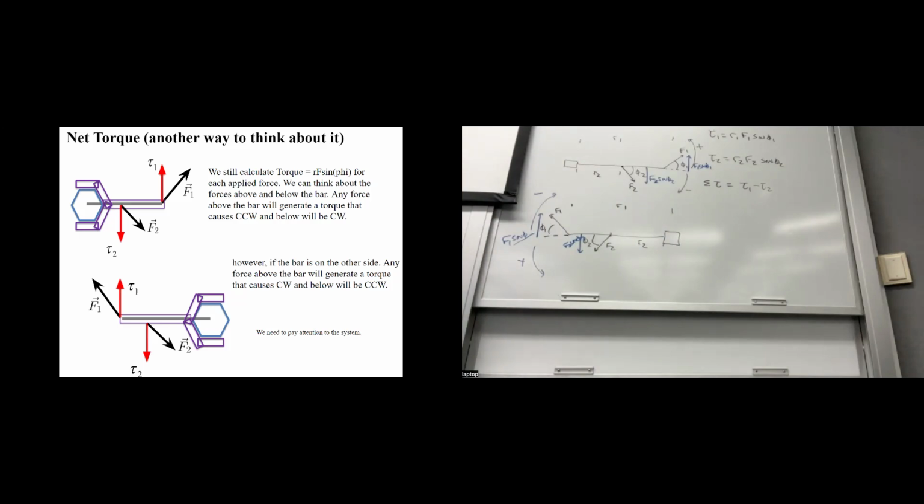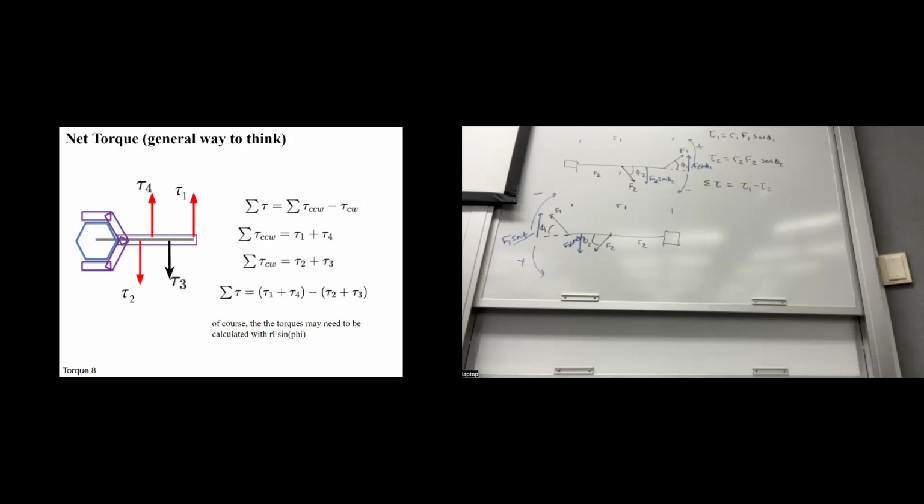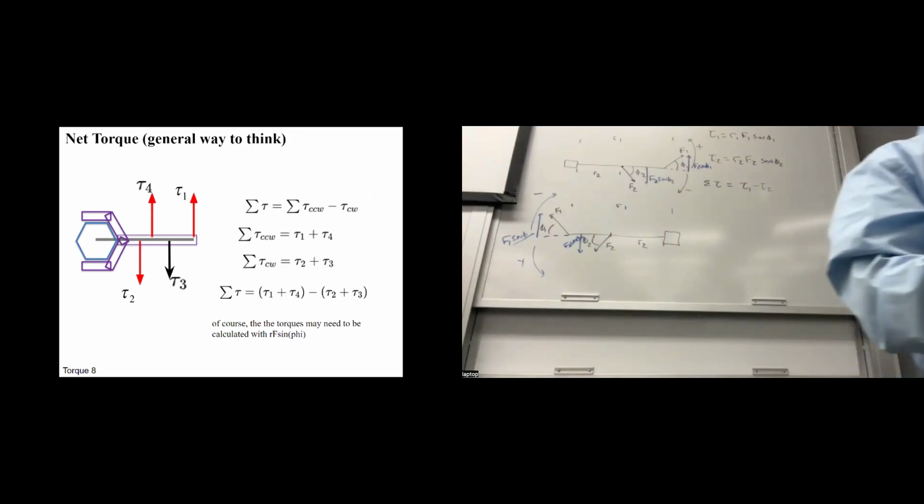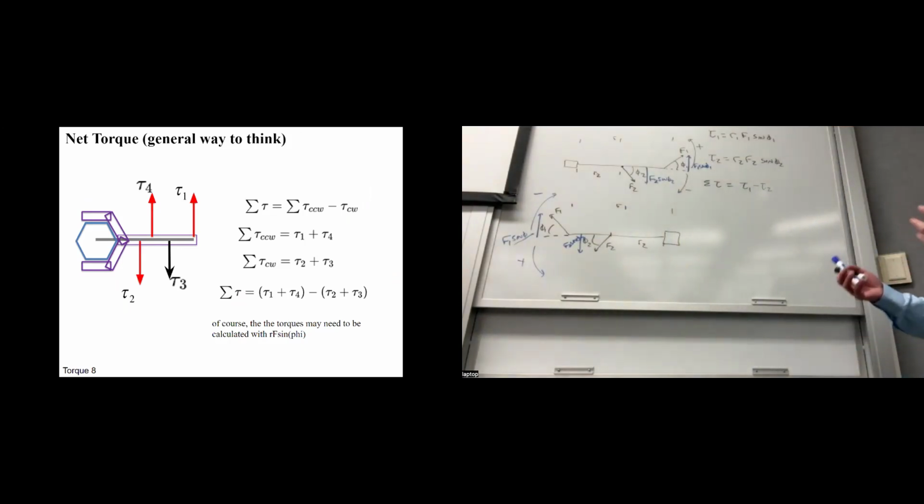Now, the only other thing I want to mention is the idea of thinking about all the different torques adding up on the system. There are two categories we can put them in, clockwise and counterclockwise, right?